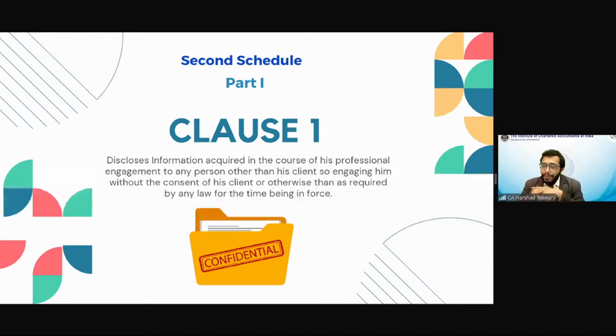Let's say I'm presenting a professional seminar where I'm talking about GST. There is a topic about recent issues in GST, and to make them understand the topic, I show my clients' data, saying this is how I did it, and this is how you should do the calculations in case of that particular issue.